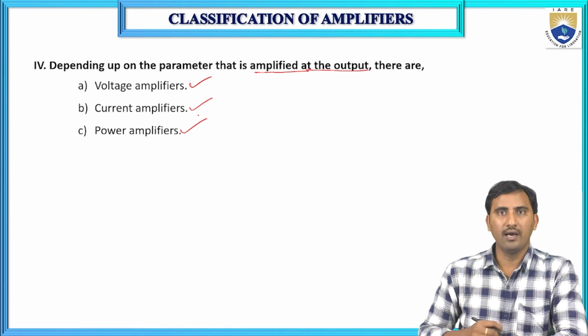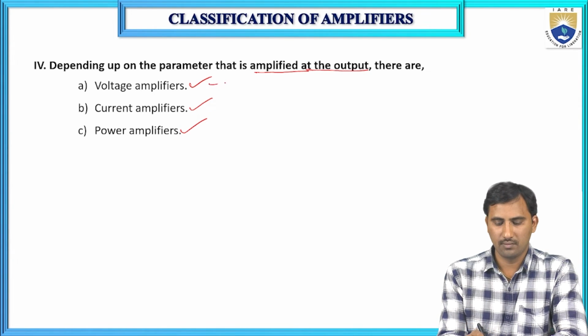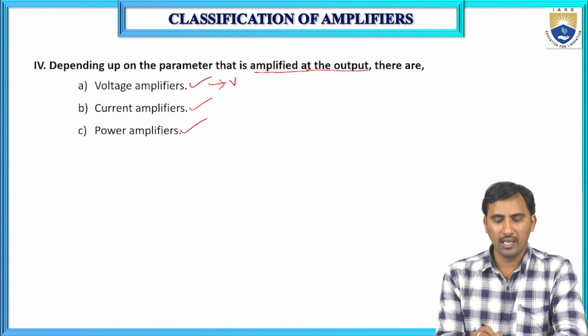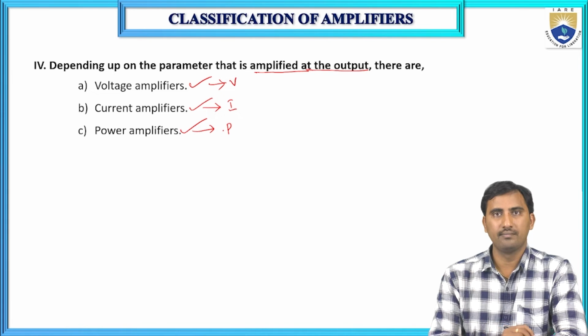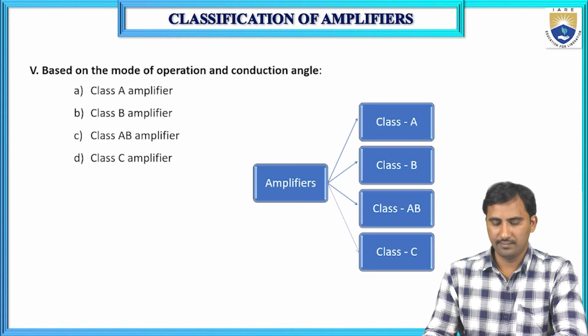So in voltage amplifier, the quantity to be measured is voltage, and similarly in current amplifier, the quantity to be measured is current I, and in the power amplifiers, it is power. So these are the amplifier classifications based on the one parameter.